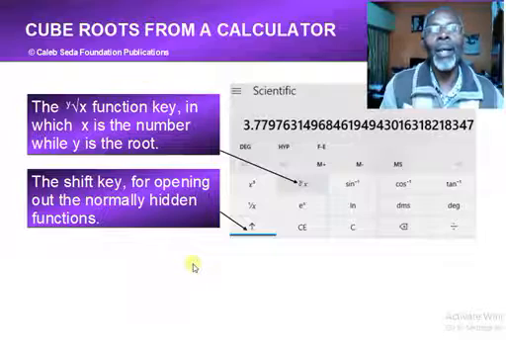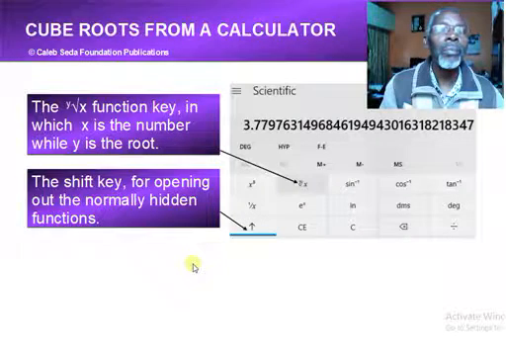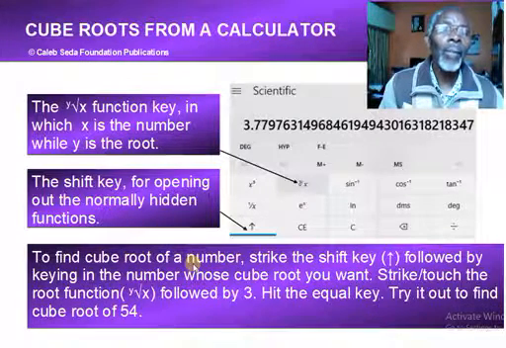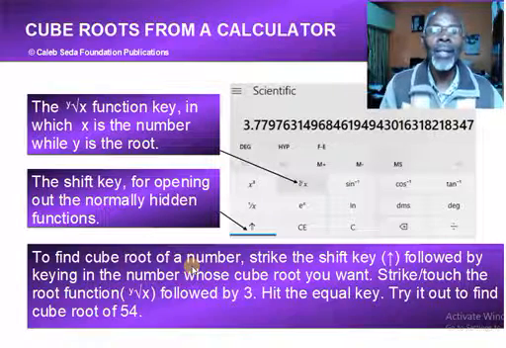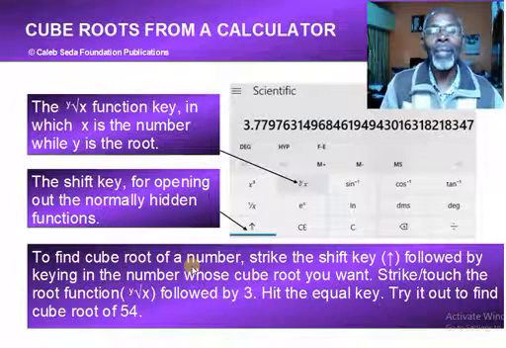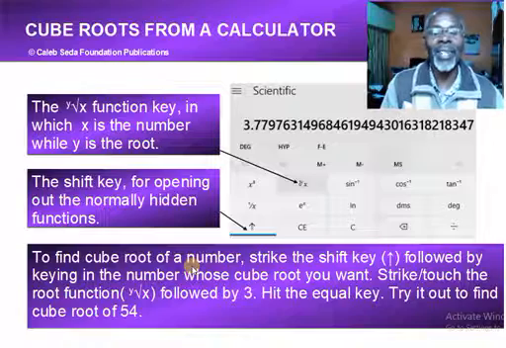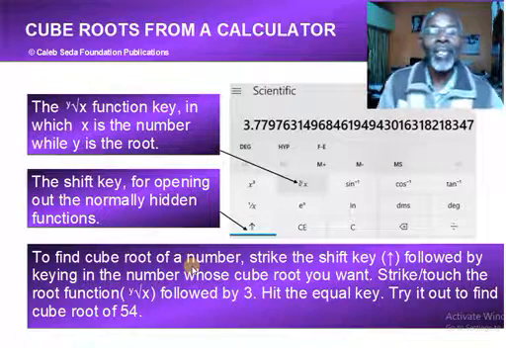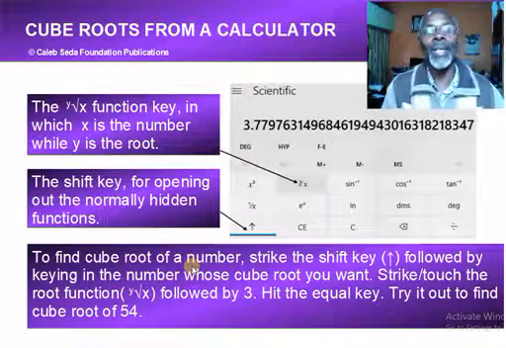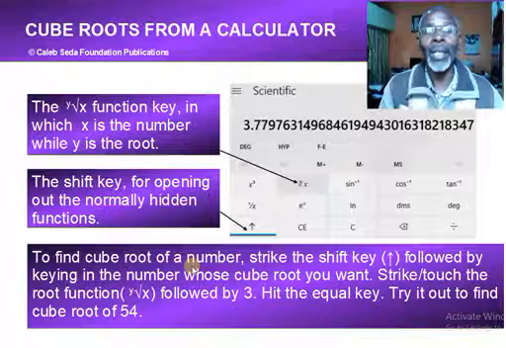Good. Now we move on to find the cube root of a number. First of all, strike. If strike is too hard, maybe touch. It depends on the nature of your key or keys.